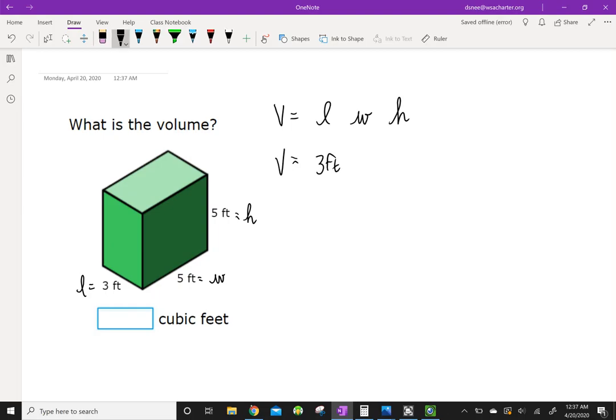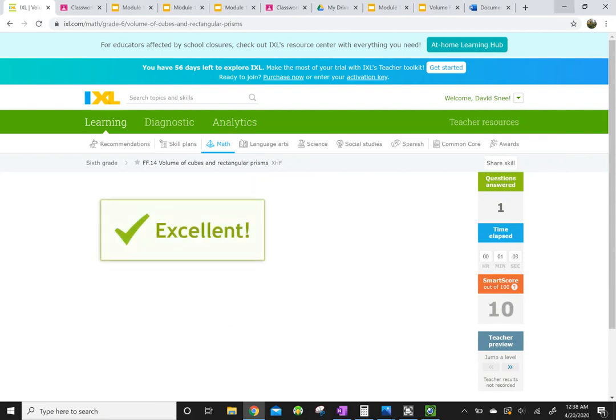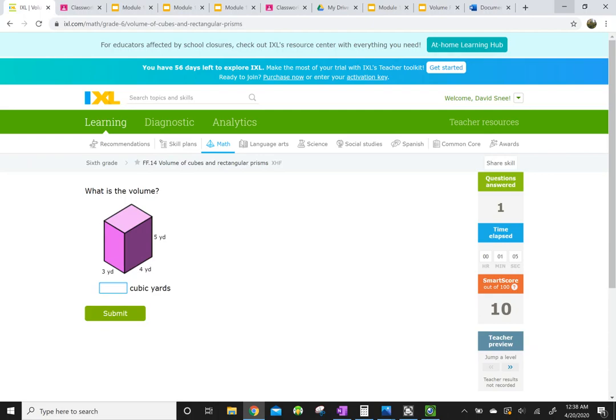It's 3 feet by 5 feet by 5 feet, and that's why we get cubic feet when we're done, because it's feet to the 3rd power. So it's 15 times 5, so volume equals 75 feet cubed, or cubic feet. So let's type that in and see what we get. 75.